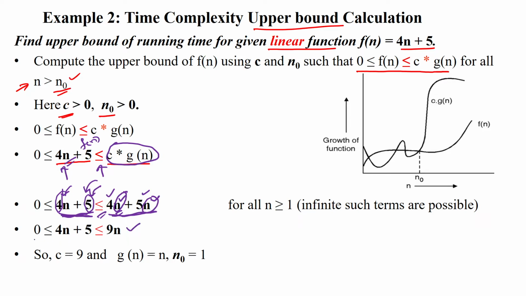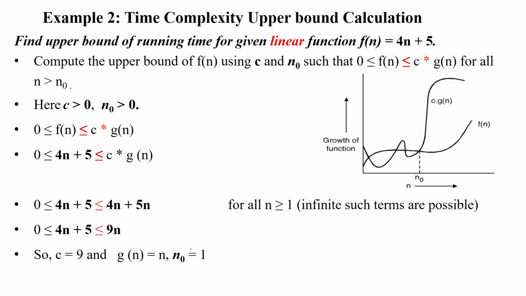So this is 0 less than or equal to f of n, less than or equal to c into g of n, where c equals 9 and g of n is n. That's what is given here. Now substituting the initial value n0 equal to 1, the left side is 4 plus 5, which is 9, less than or equal to 9.